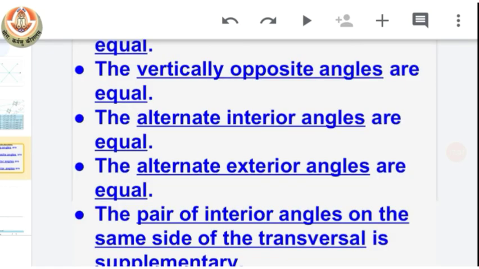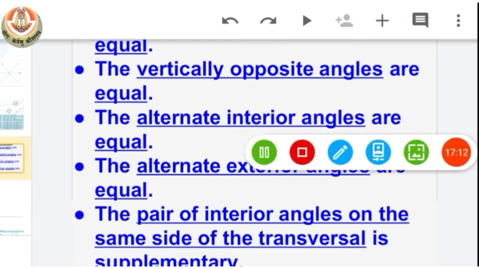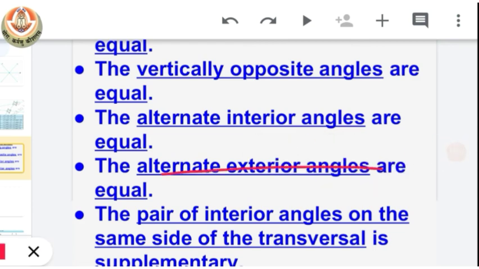Okay class? And we have the same case for alternate exterior angles. Alternate exterior angles are also equal to each other. Let's move on to the next type of pair of angles, which is the pair of interior angles on the same side of the transversal. They are supplementary.